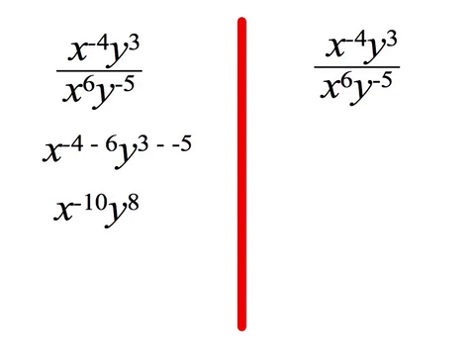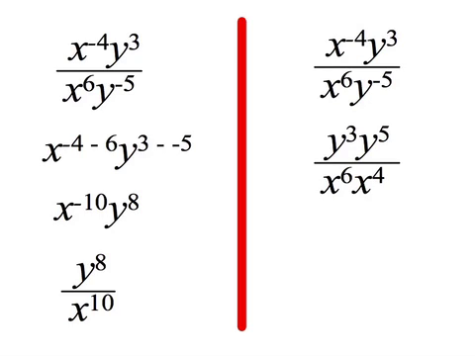And then a way that's often preferred is to write it without negative exponents. So instead of writing x to the negative 10th, we put that in the denominator and we write y to the 8th over x to the 10th. Now let's move over to the right and do it a different way. Let's apply the rule we just presented, that we can take the negative exponents, the ones in the numerator, make them positive and move them to the denominator. Take the negative exponents from the denominator and move them to the numerator and change them to positive.